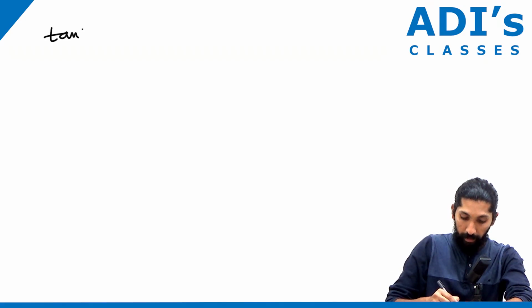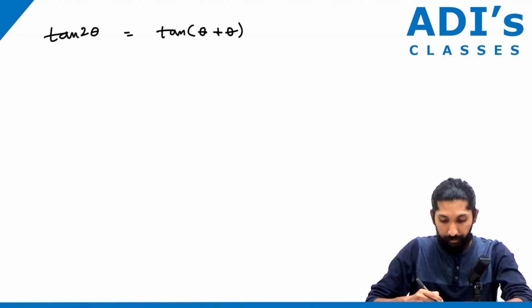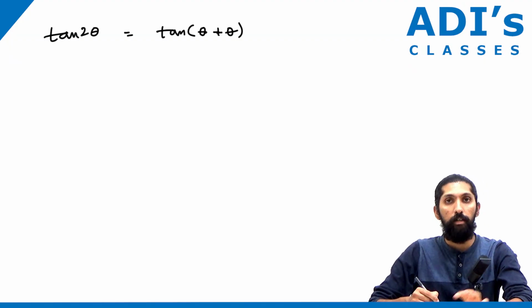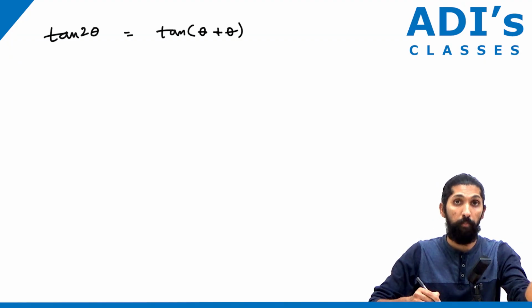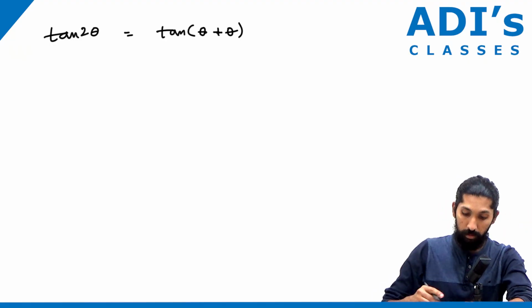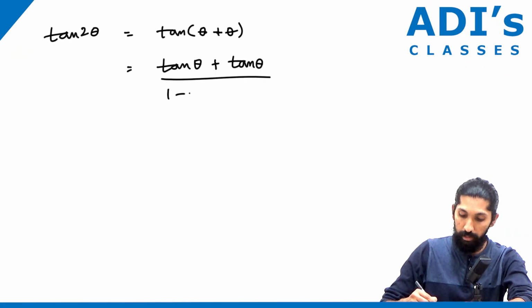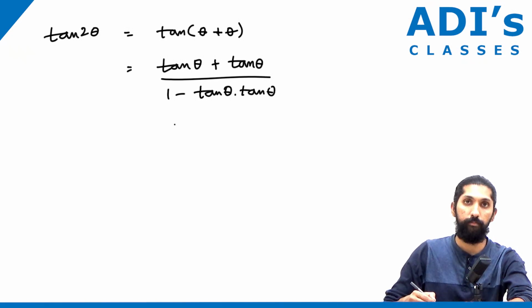Tan 2 theta, again the same logic. So tan of theta plus theta. What is tan of x plus y? Tan x plus tan y by 1 minus tan x into tan y, correct? This is going to become tan theta plus tan theta by 1 minus tan theta into tan theta.